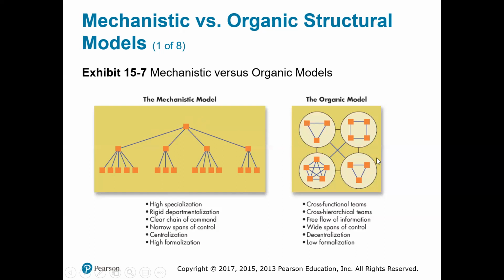But if you're talking of an organic model, something that is very fluid and it evolves over a period of time, it's cross-functional teams, cross-hierarchical teams, free flow of information and communication, wide spans of control, decentralization, not much of rules and norms that control you. It's low formalization.